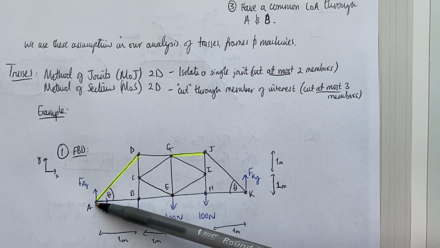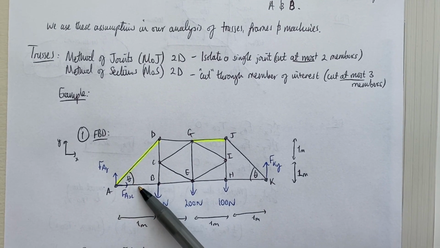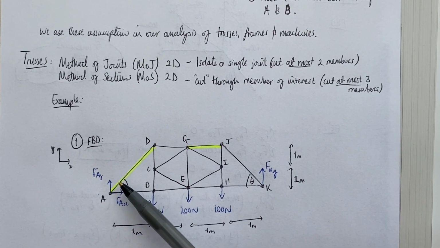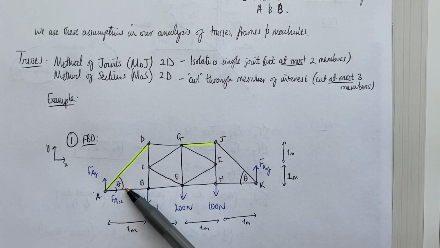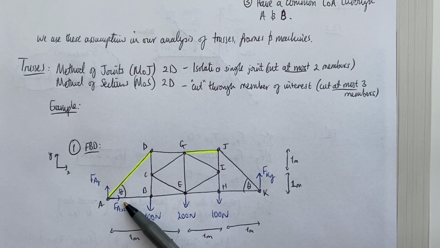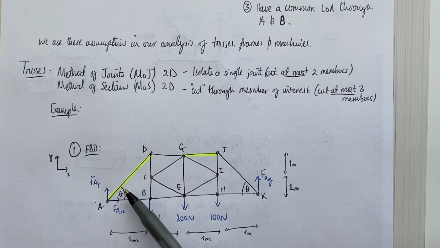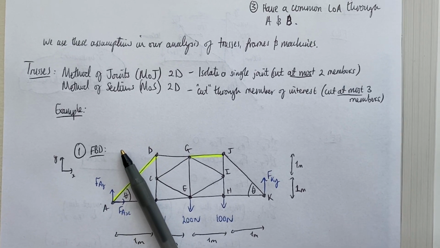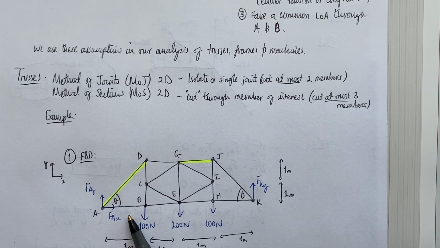And because we only have one joint on the left hand side, we can only apply 2 equilibrium equations. We can apply the sum of the forces in the x direction and the sum of the forces in the y direction. We can't sum moments, because we don't have anything to sum moments about, because we only have one joint. So therefore we can only cut 2 members.